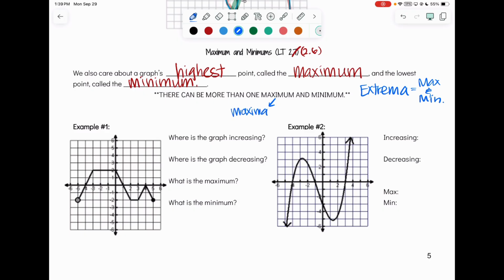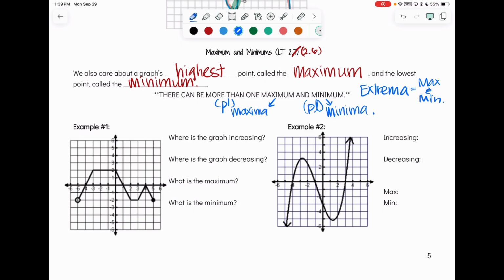If we have multiple, the plural version of minimum is minima. So when I say identify the extrema of this graph, I'm asking for both minimum and maximum.